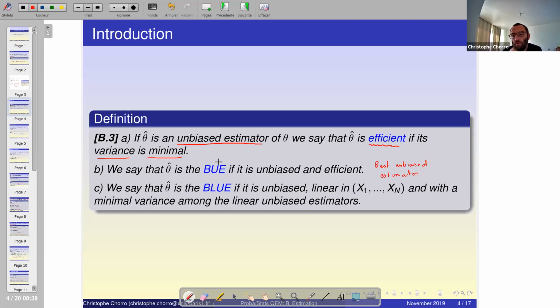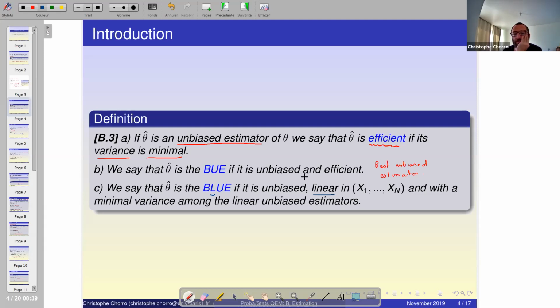Just another definition that will be more marginal in our setting, but we say that theta hat is BLUE. So I add an L here. And why I have this L here is just because, if I have a best unbiased estimator that is also linear in the observations, we call it BLUE.